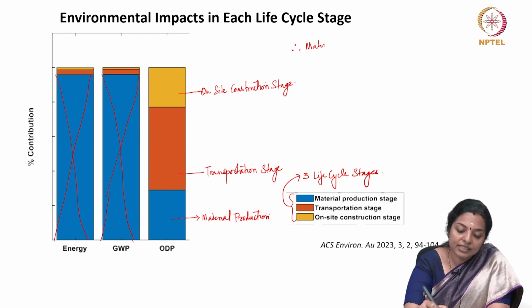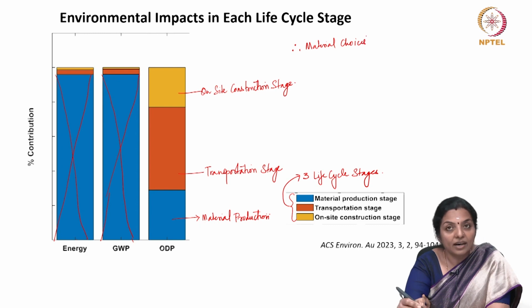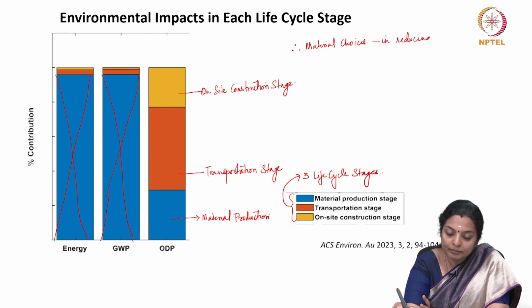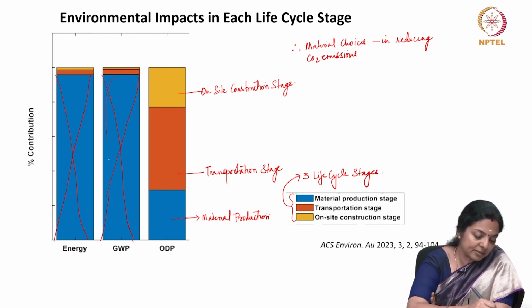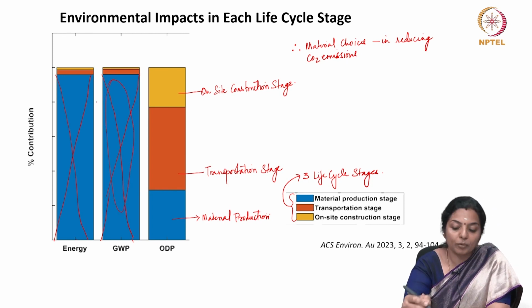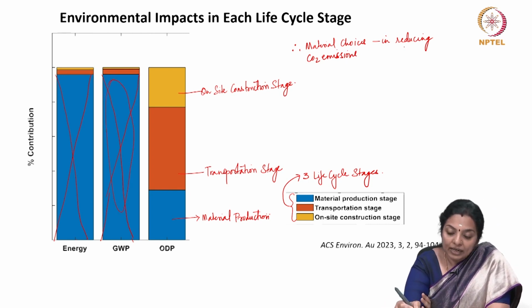material choices by an architect is very important in reducing CO2 emissions, as can be seen from this part, the global warming potential, and in reducing carbon dioxide emissions and embodied energy.